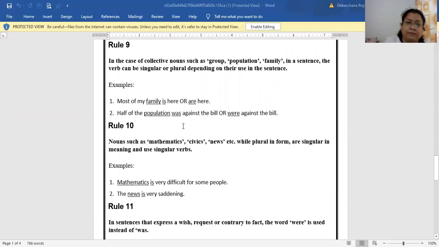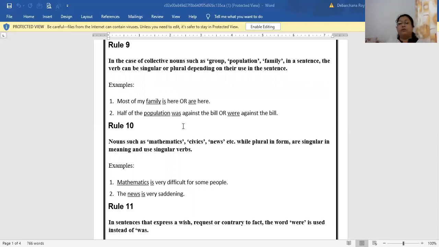Rule number 9. In the case of collective nouns such as a group, population, family in a sentence, the verb can be singular or plural depending on their use in the sentence. In the case of collective nouns such as group, population, family, what we have to keep in mind is that in a sentence the verb can be singular.